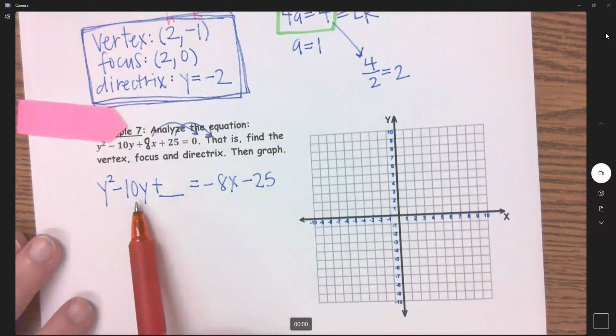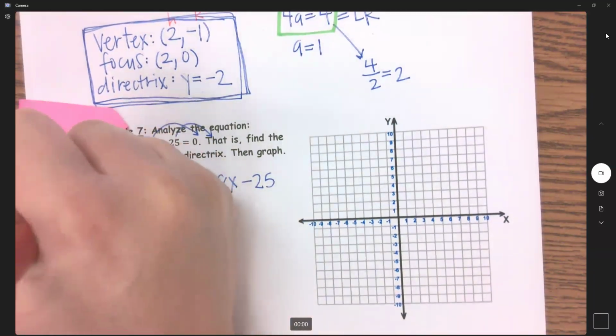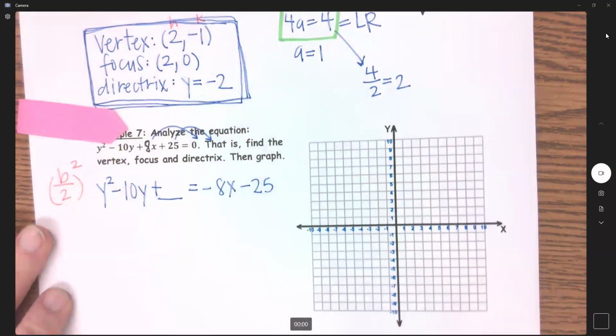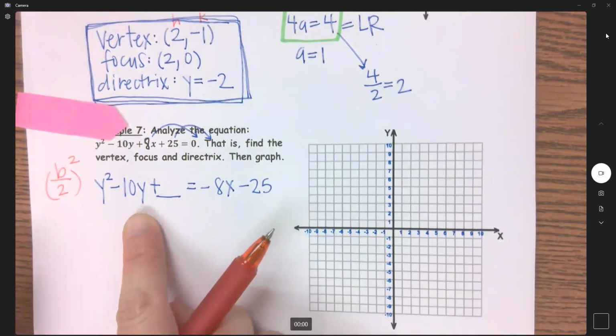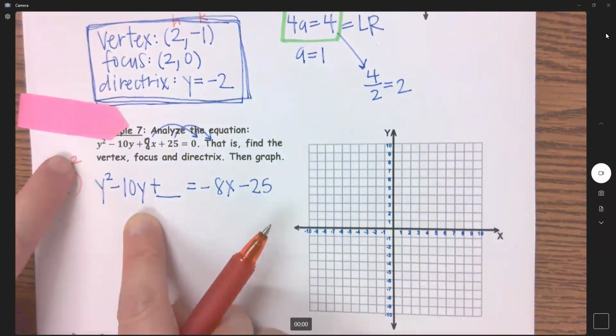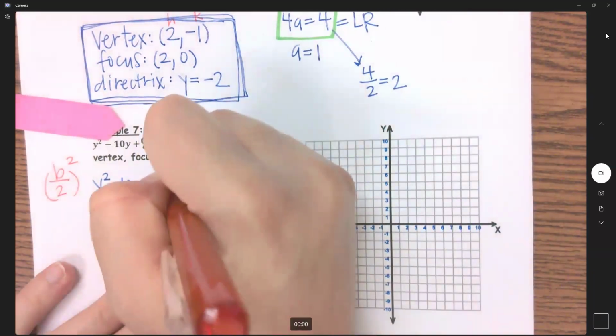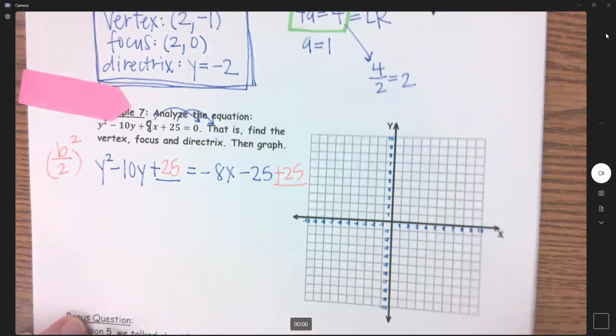So let's figure out what we're going to add here. And we use our b over 2 squared. So my b is -10. -10 divided by 2 is -5, and -5 in parentheses squared is 25. I will also add that over here.